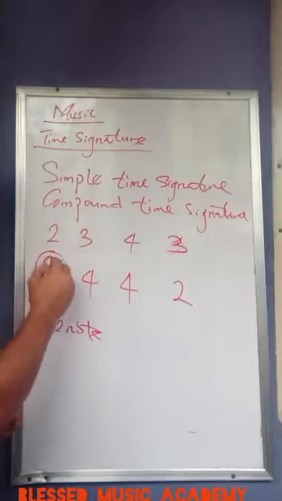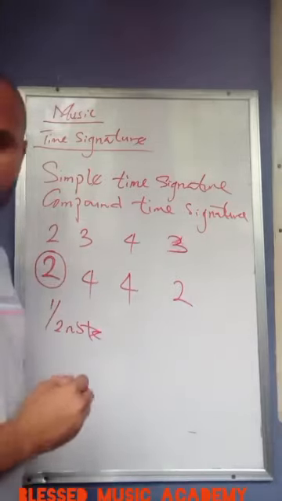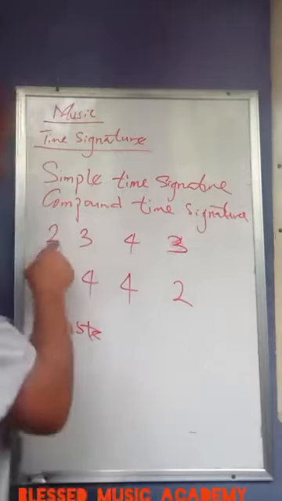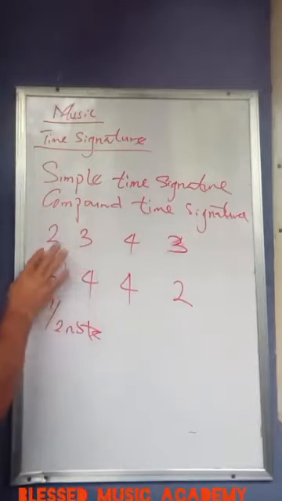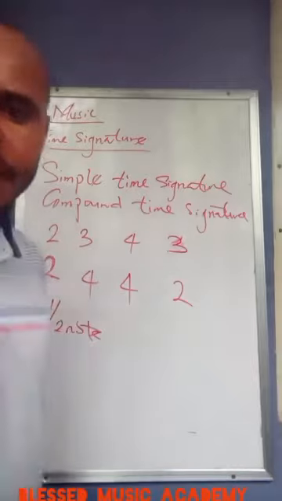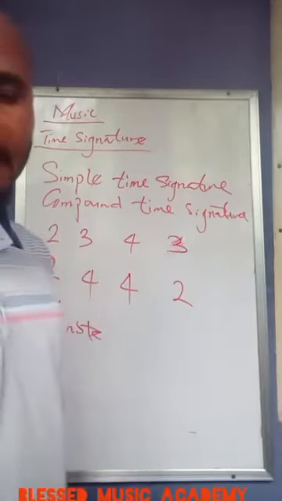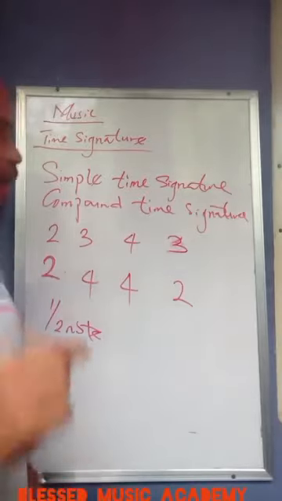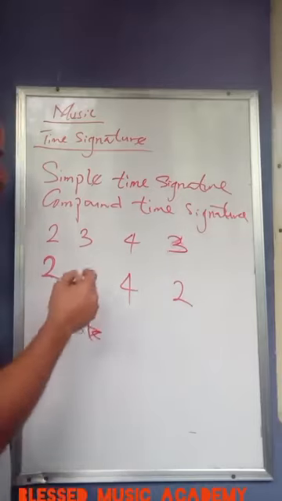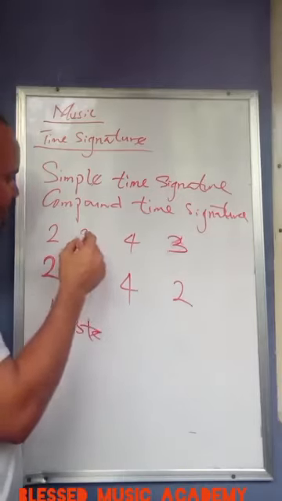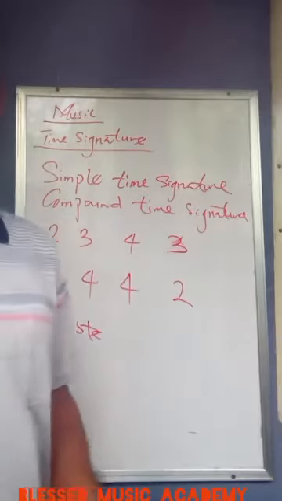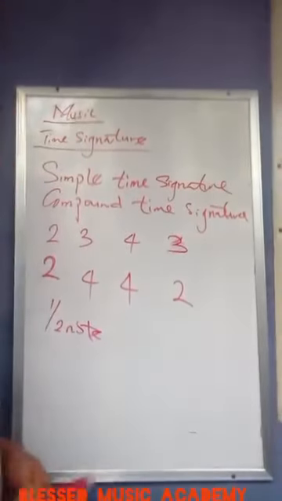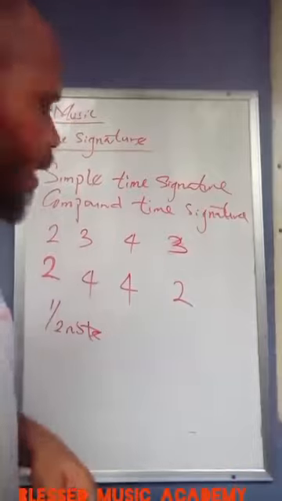Since the beat of minim is 2, what we do here is 2 minim beats in a bar. That is the interpretation of this time signature. The interpretation of this one is 3 crotchet beats in a bar.